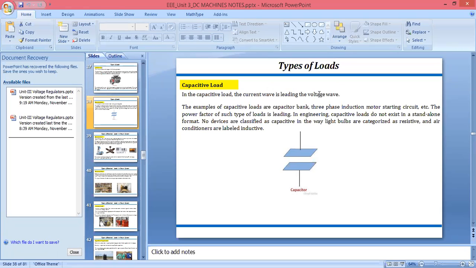So you will get the same equations for the power also. Some examples of capacitive load are capacitor bank and three-phase induction motor. These are using a capacitor as a load. The power factor of this type of load will also be leading, because here the current is leading with respect to the voltage.